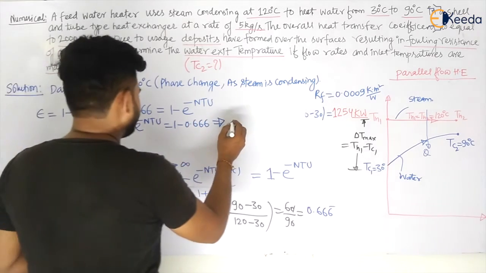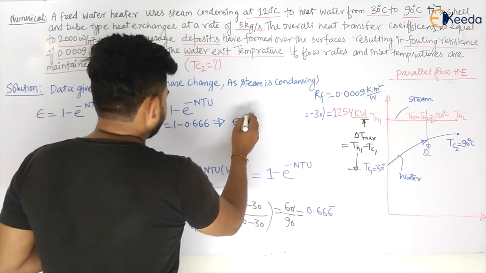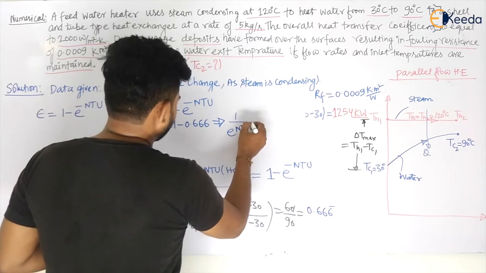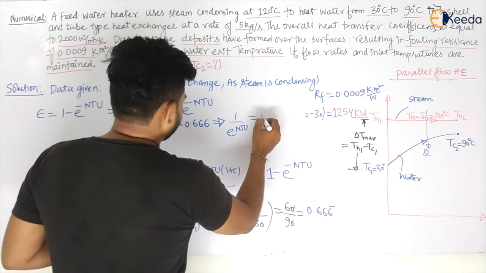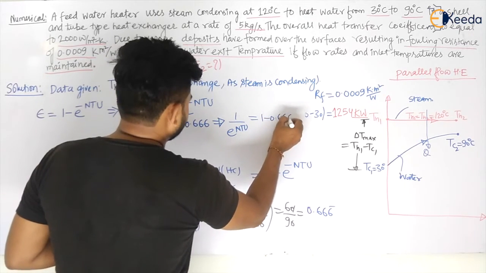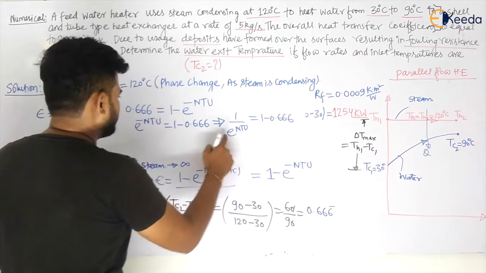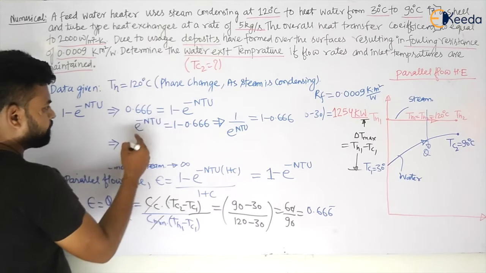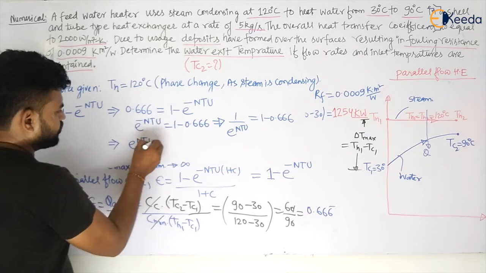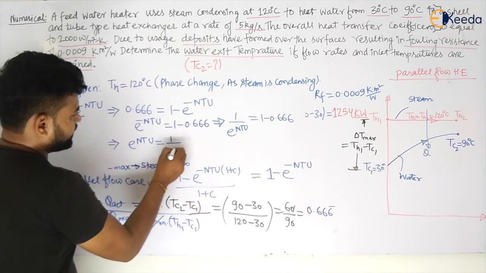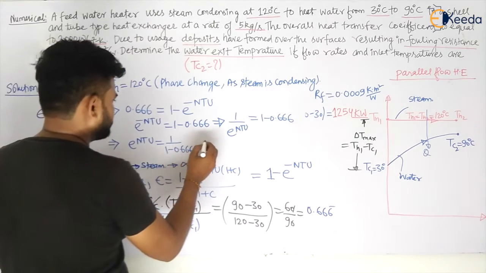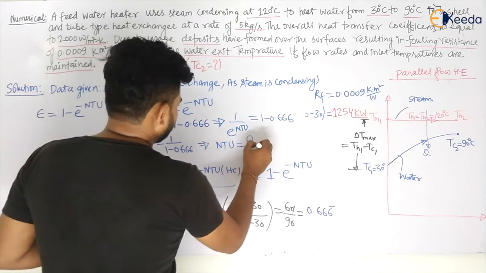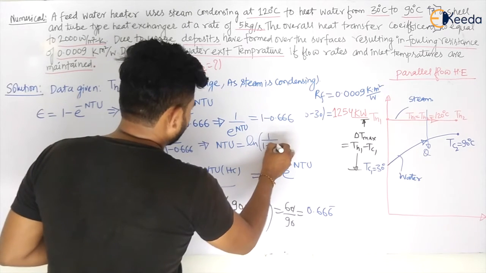So we can take e to the power NTU, taking this down, is equal to 1 upon 1 minus 0.666, my dear students, and that implies NTU will become equal to ln of 1 upon 1 minus 0.666.